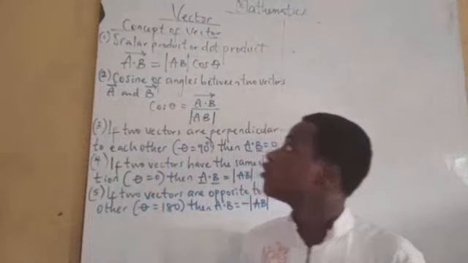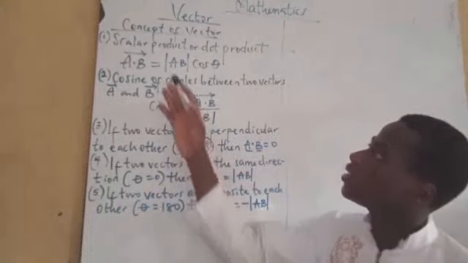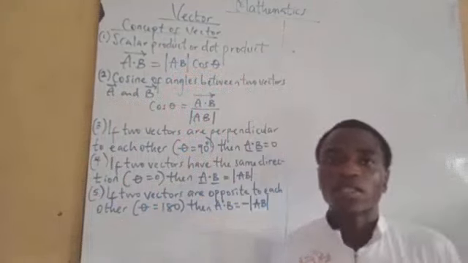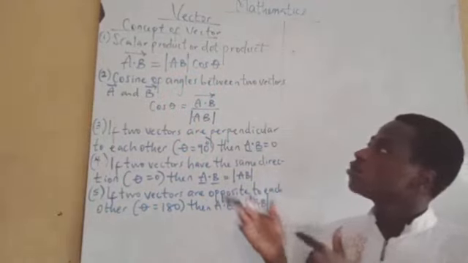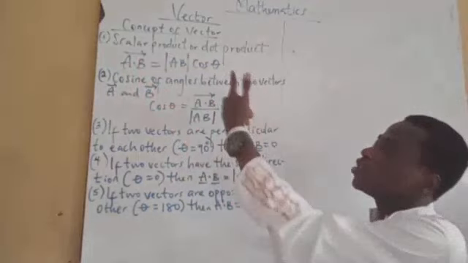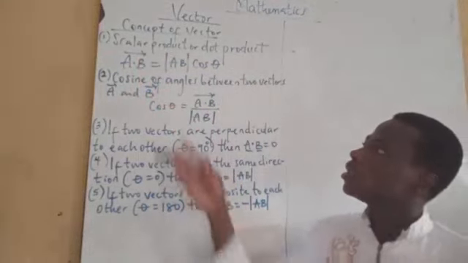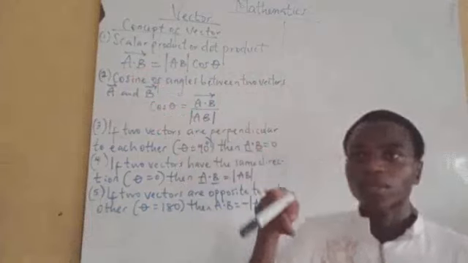Talking about the concept of vector, I said the scalar product or dot product. That is, we have what we call scalar product under vector. So this scalar product, we can also call it dot product. This dot implies multiplication.